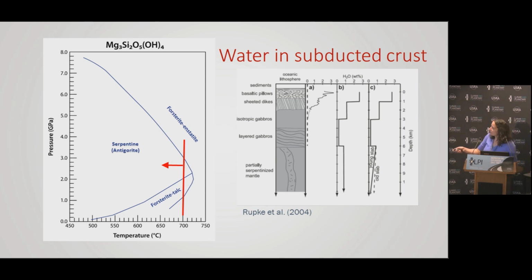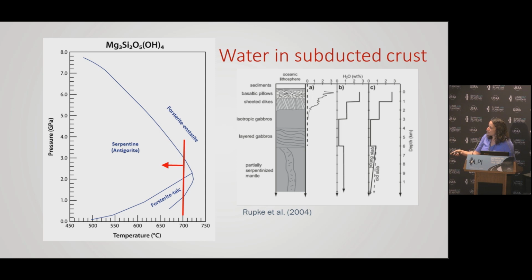And the other way you can look at this is the way I've done this in my own model: we take the temperature profile through the crust and compare that to the temperature of the stability of these various hydrated minerals. So this is the phase diagram for serpentine.